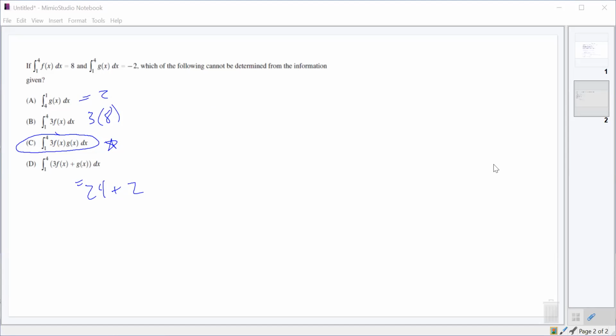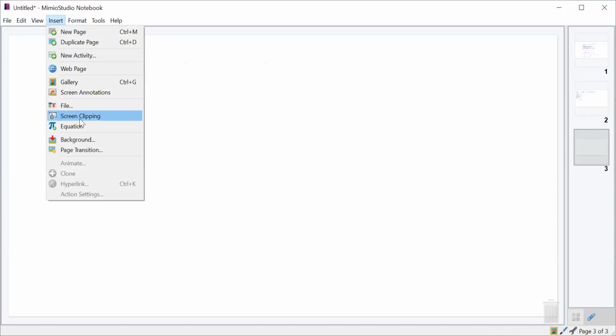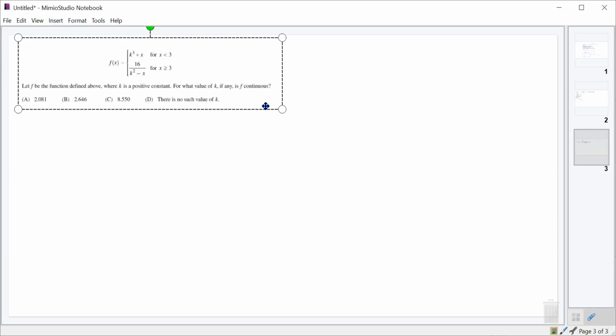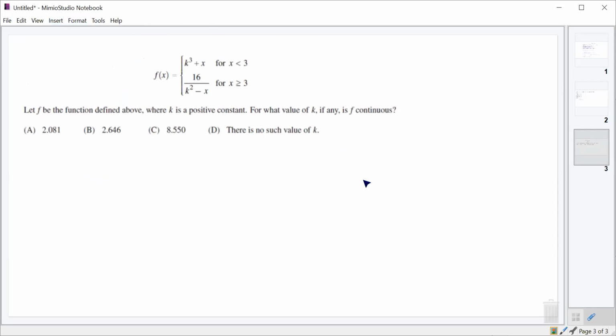All right, next one is 83. So for this one, we want to know for what value of k is the function continuous.